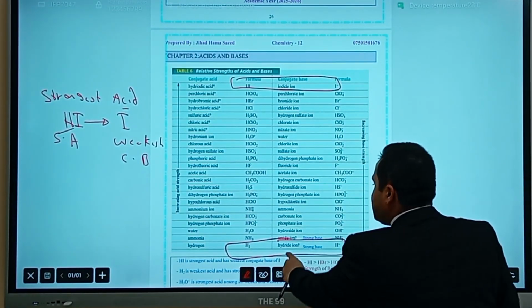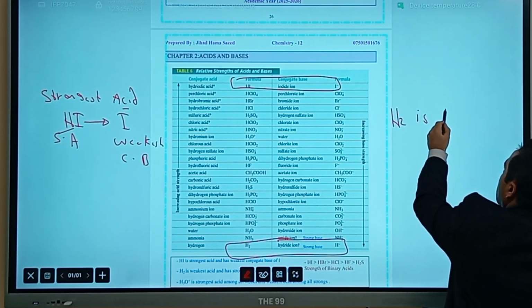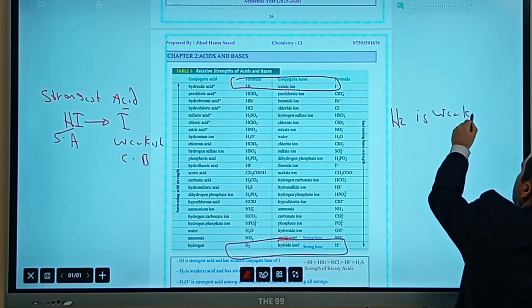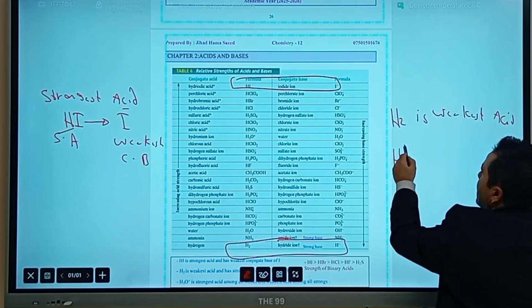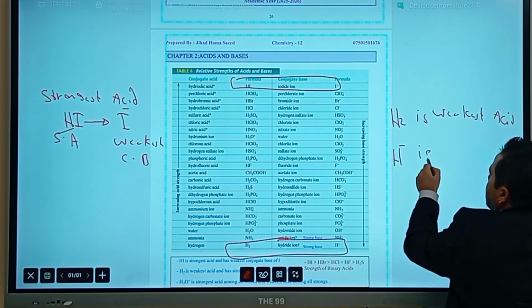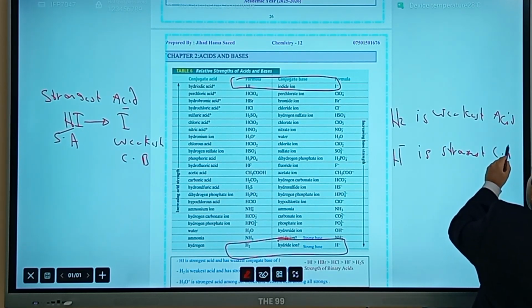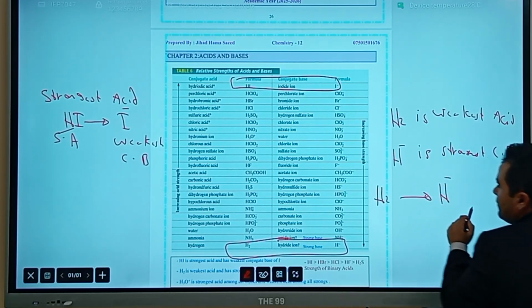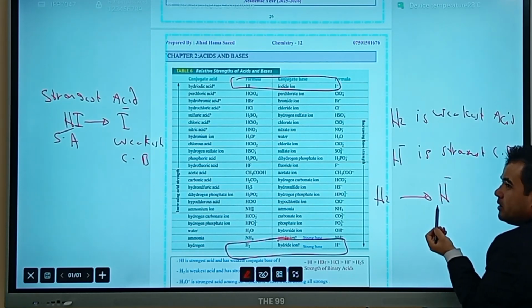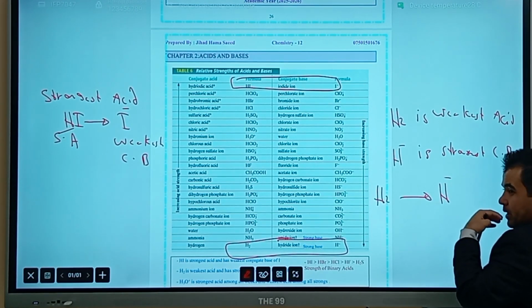The same here: H2, the weakest acid, will produce what? Hydride, which is H negative, the strongest conjugate base. How does it become H negative? By gaining an electron.